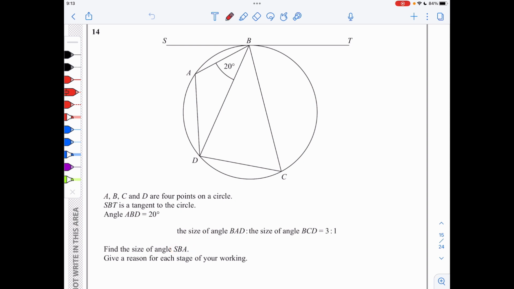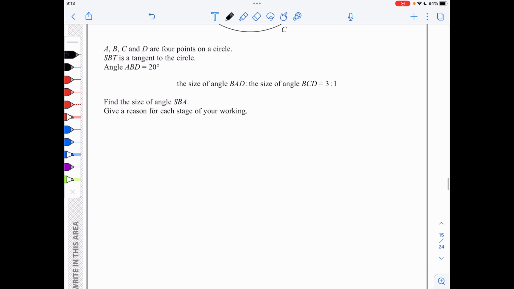So if the angle here at A is 3x, then the angle at C is x. And we do know that 3x plus x must be 180. The reason is opposite angles of a cyclic quadrilateral add up to 180 degrees. Therefore, 4x is 180, which makes x 45.